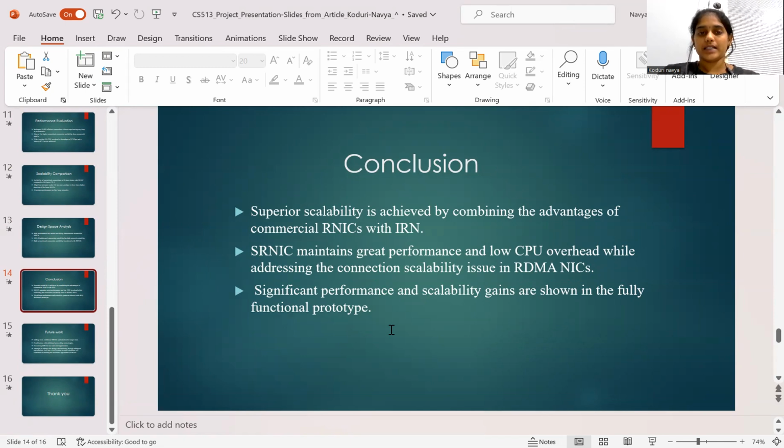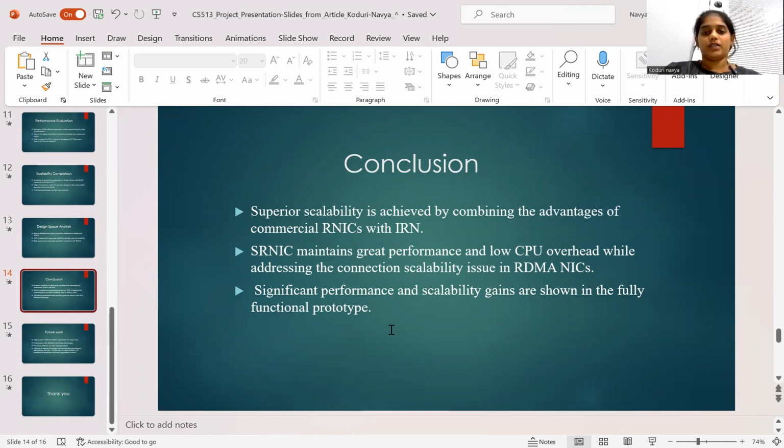With sRNIC, both the network scalability and the connection scalability are achieved. sRNIC maintains great performance and low CPU overhead, while addressing the connection scalability issues in RDMA.